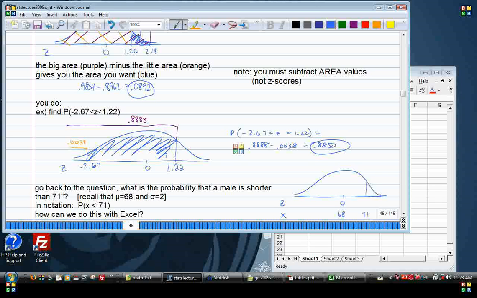Go back to the question, shorter than 71 inches, in the notation, less than 71. So what we're looking for is this area. All right, so that's just the question. Does everyone get the picture?